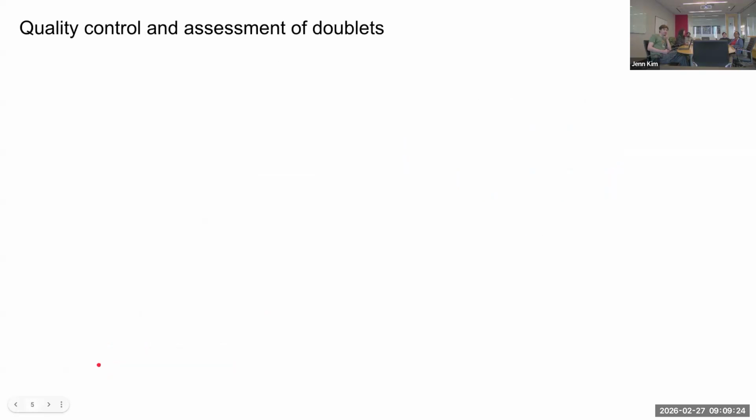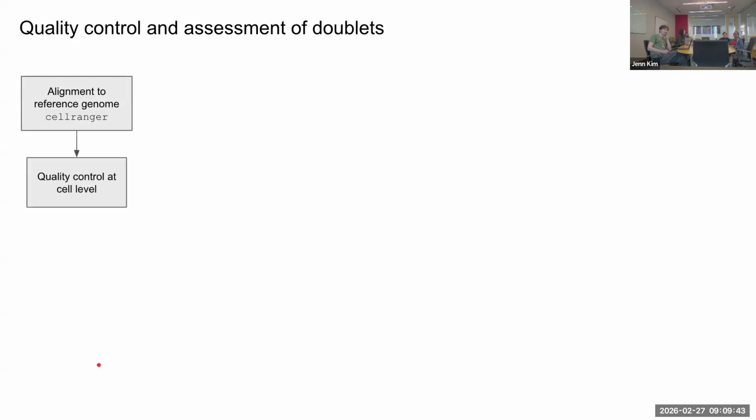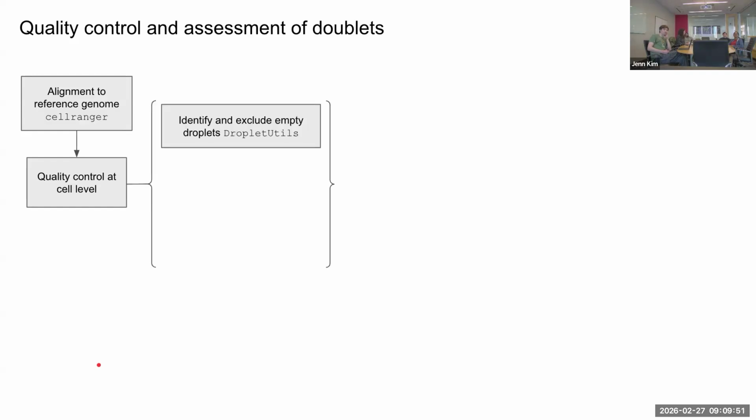Our group has added some steps to assess and deal with doublets within our upstream quality control pipeline. I'll cover this briefly as I delve into the specific doublet strategy we've been taking. You receive your sequencing reads back, and you need to align them first to a reference genome using software like Cell Ranger. Then we perform a variety of different quality control steps at the cell level. We identify and exclude any empty droplets, those lipid droplets that don't contain any cells or could potentially just have ambient RNA.